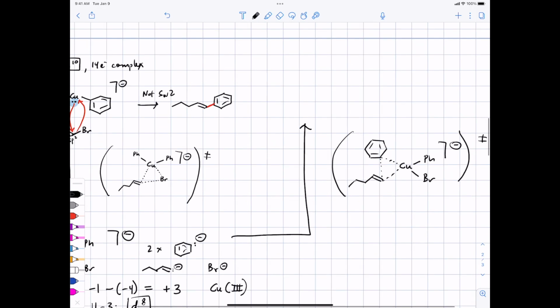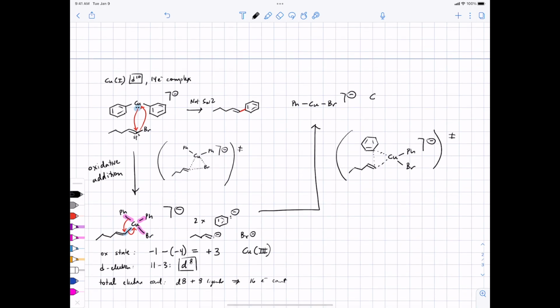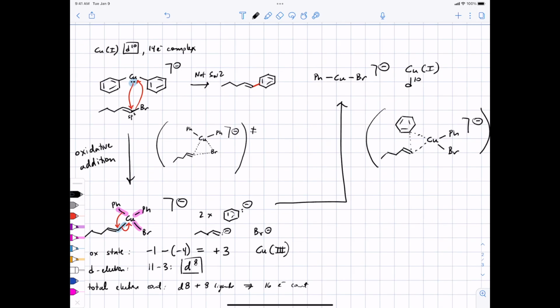And then afterwards, when the reaction's done, you've got the product, and then you have copper down to one phenyl group and one bromo group. We could repeat the analysis, but we would conclude that this is copper 1. You've again got 10 d electrons.